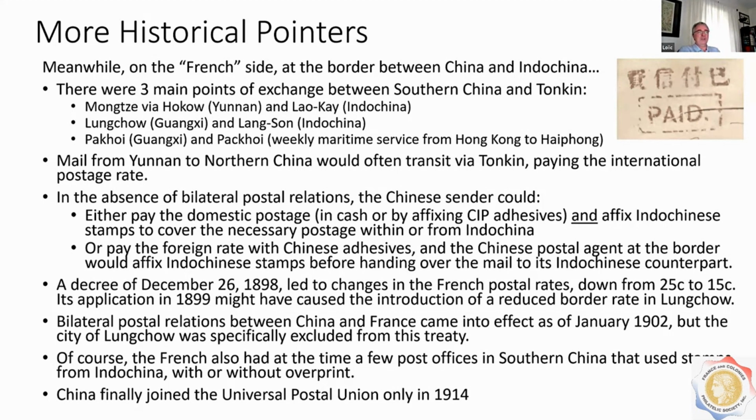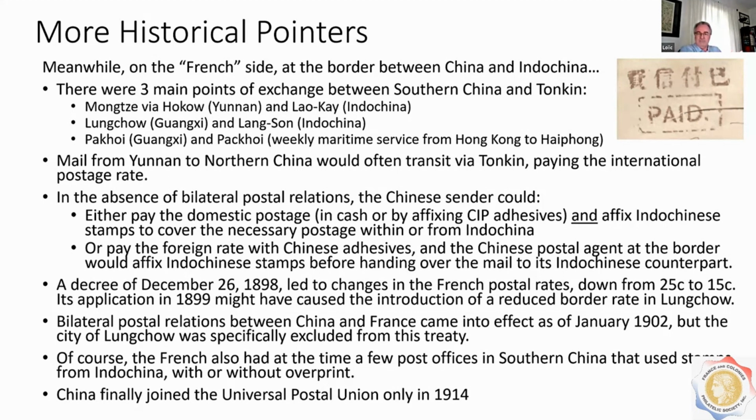They could pay the domestic postage for a first weight letter, that was 2 cents at the time, so put a Chinese Imperial Post stamp on the envelope, and they could put next to it the Indo-Chinese stamps that were necessary to cover the postage within Indochina or from Indochina to a foreign destination. Obviously, that would be a little bit more expensive.